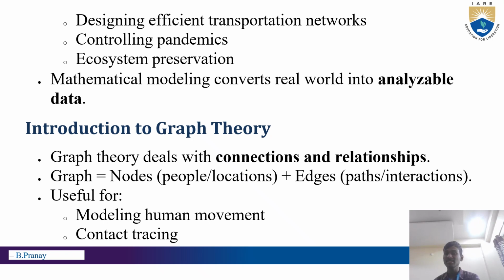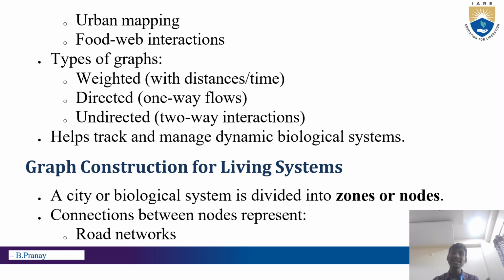A graph is a combination of edges and vertices, also called nodes. Graph theory deals with connections and relationships in our topic. Graph equals nodes and edges. Nodes are people or locations. Edges are paths and interactions. This graph theory is useful for modeling human movement, contact tracing, urban mapping, and food web interactions.